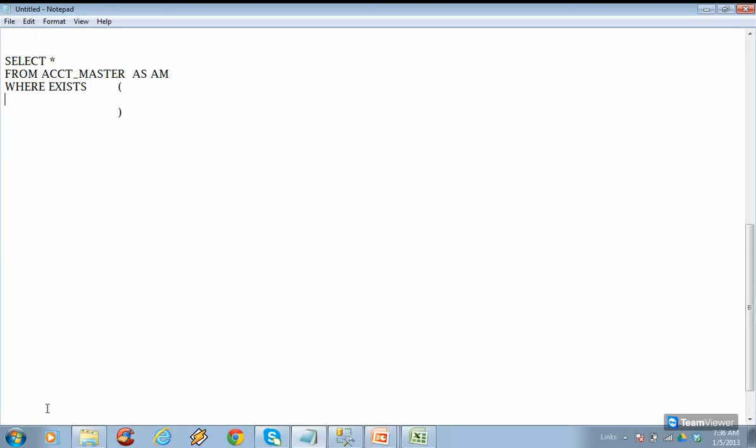Here I'm writing a subquery: select star from the table, say txn master as TM. Till now you are not able to see any kind of logic. The complete logic will be in the where clause: where AM dot ACID equals TM dot ACID. This is where the loop would start.